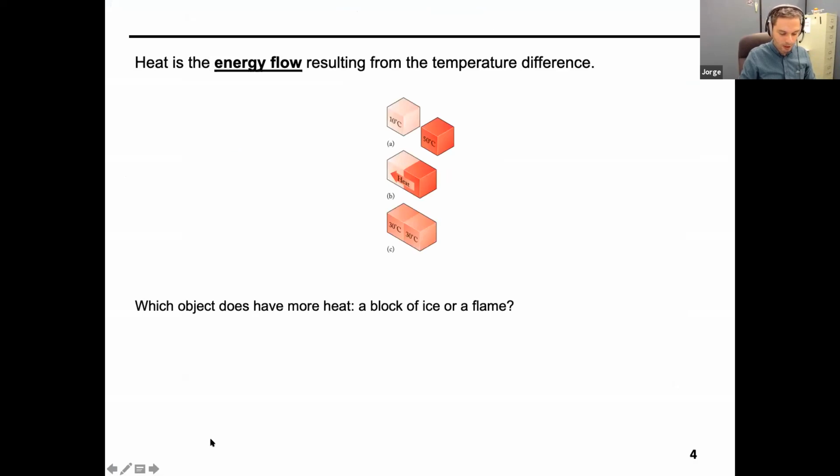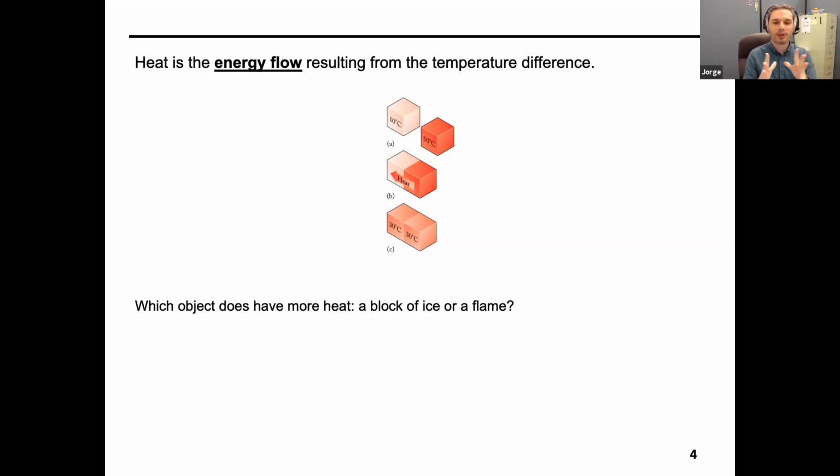Okay, so now let's define a very important thing in thermochemistry or thermodynamics. It's called heat. The thermodynamic definition of heat is that heat is the energy flow resulting from the temperature difference between two different bodies. Okay, so if we start with a solid cube at 10 degrees and another one at 50 degrees, there is obviously a temperature difference between the two bodies.